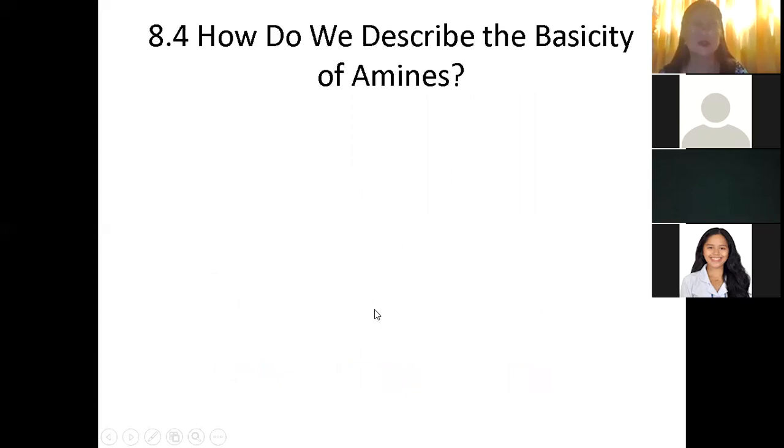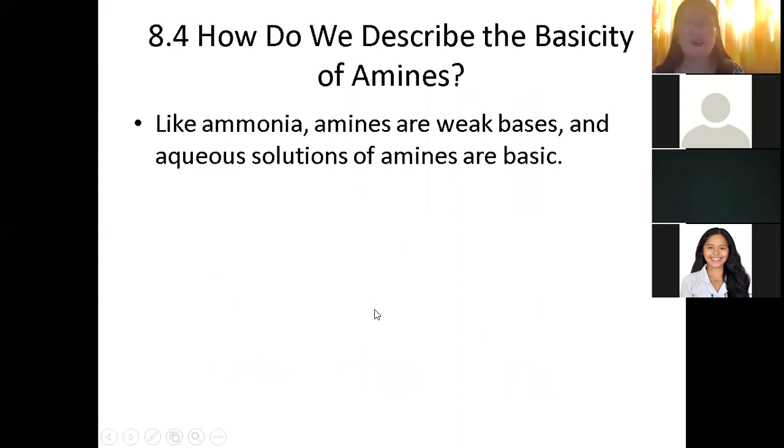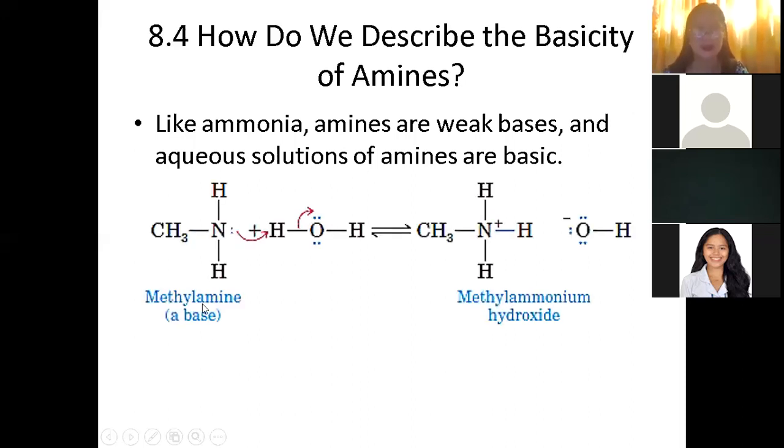So how do we describe the basicity of amines? Like ammonia, amines are weak bases, and aqueous solutions of amines are basic. Take a look here. Methylamine added with water will form methyl ammonium hydroxide.